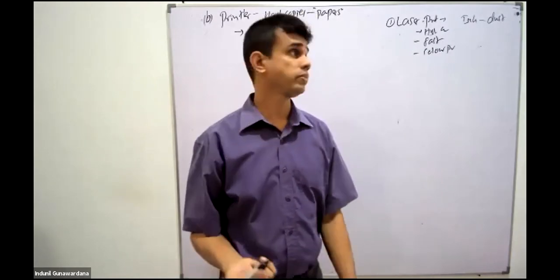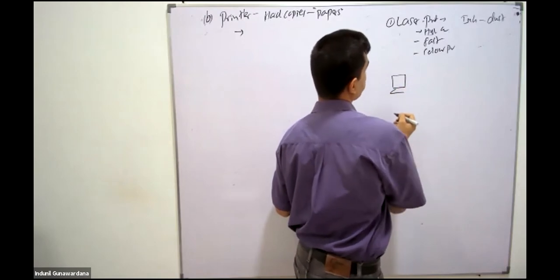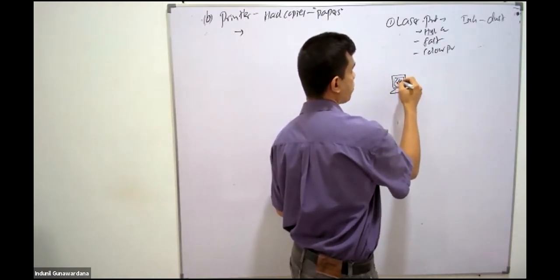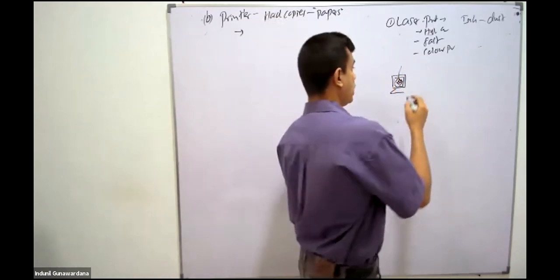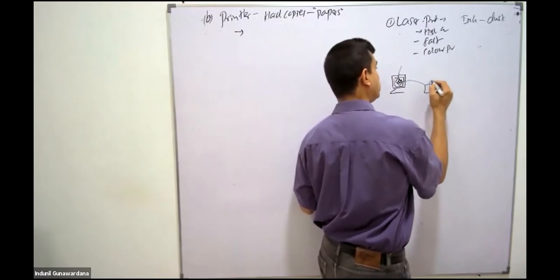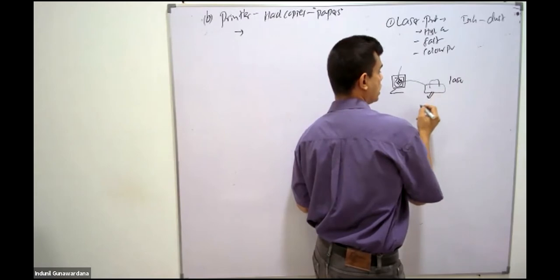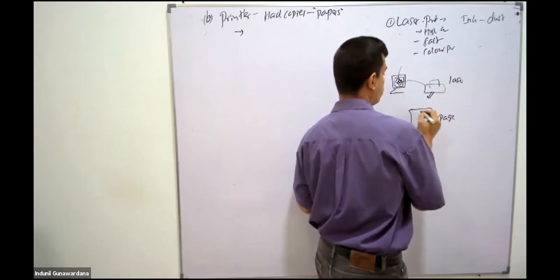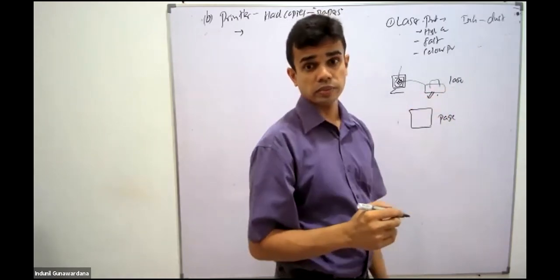How is it? Now it's something like this. I will just explain, then it will be easy. Whenever the computer has the printout prepared, say this is the outcome I want, this is a page to be printed, that signal is sent to the printer. If this is a laser printer, what it does here is the entire page, the whole paper, is taken into the printer.